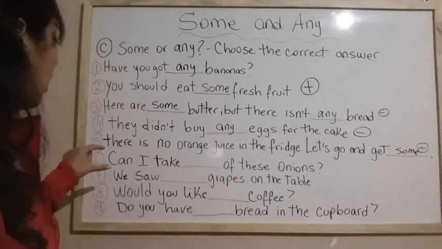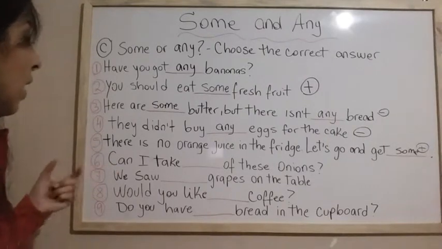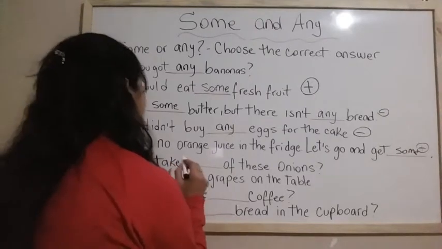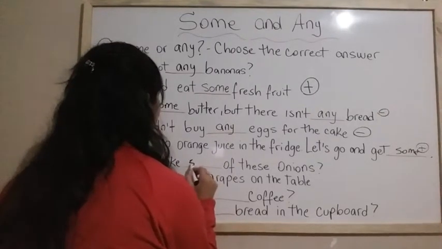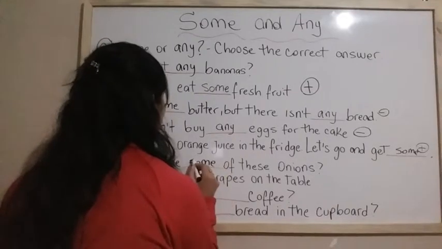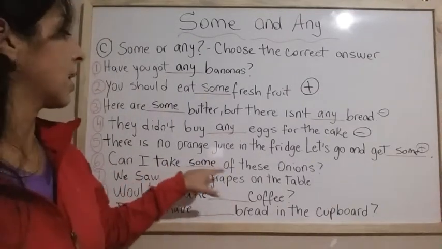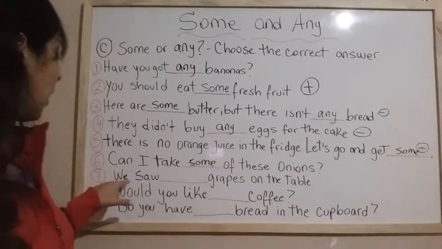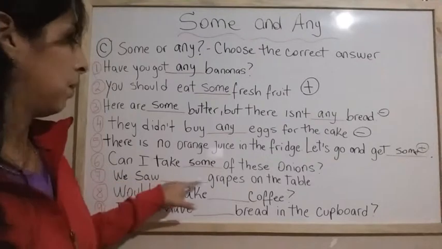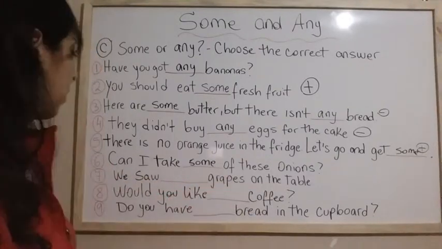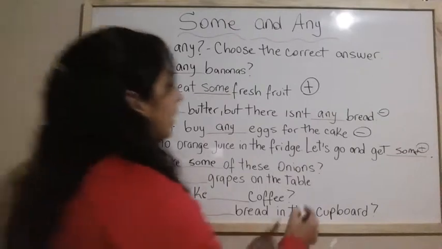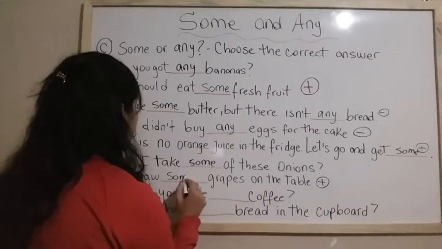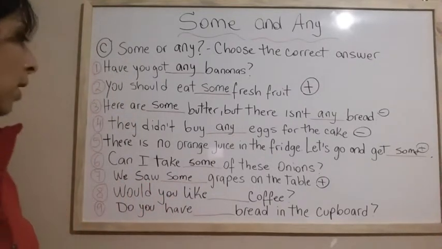In this case, you are making a request. So, according to the rules, we have to write some. Okay? Can I take some of these onions? Then the next sentence, we saw blah blah blah grapes on the table. We have an affirmative sentence, so we have to write some.